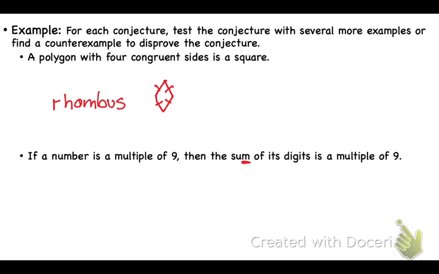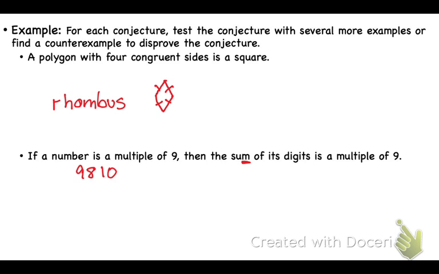Okay, if a number is a multiple of 9, the sum of its digits is a multiple of 9. If a number is divisible by 9, the sum of its digits, so 9, 8, 1, 0.